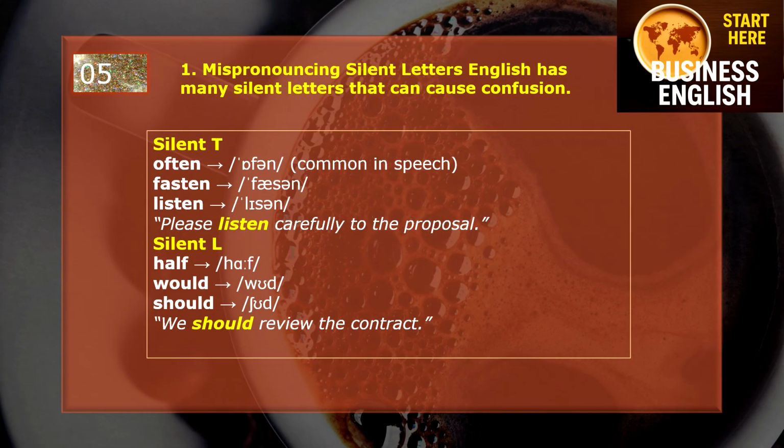Two silent letters are silent T and silent L. Silent T will be in the word often, very common in speech. Fasten, listen. Please listen carefully to the proposal. And silent L, have, would, should. We should review the contract.